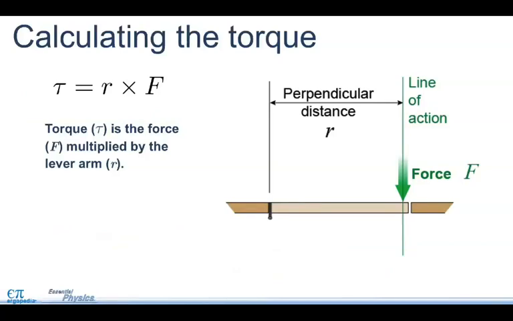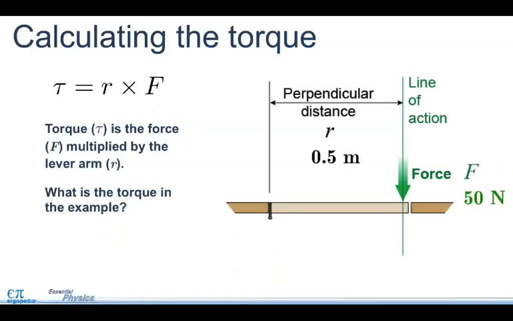So recall that equation for torque. Torque is the moment arm times force. Let's give some values to these. If the moment arm is half a meter and the applied force is 50 newtons, then what is the resulting torque? Pause playback to do the calculation. 25 newton meters.